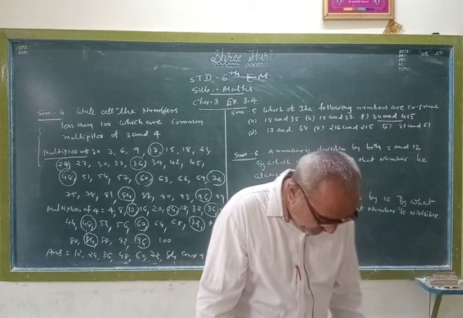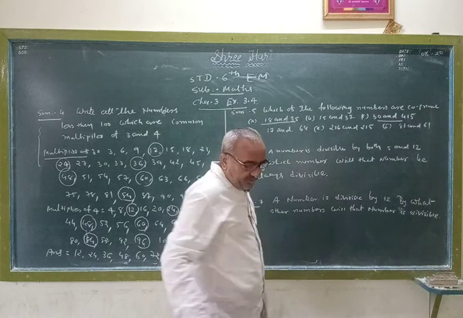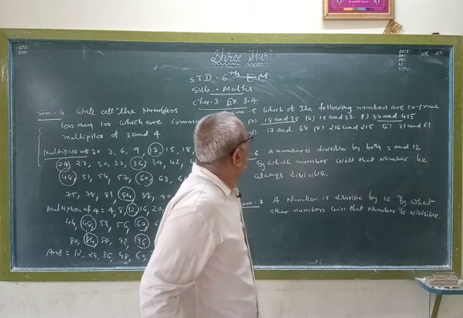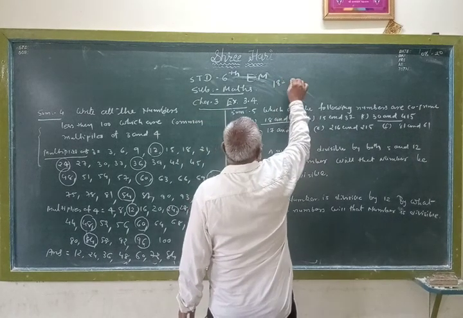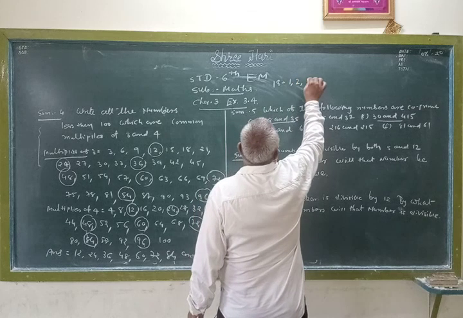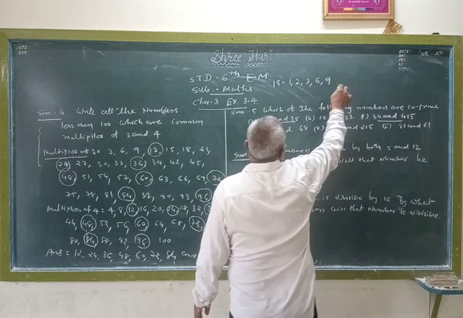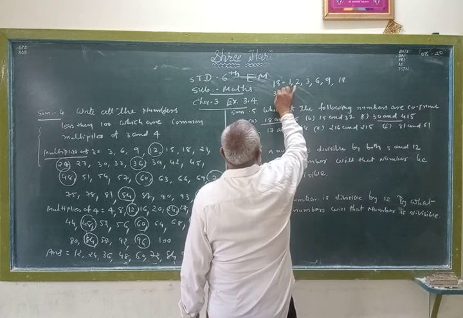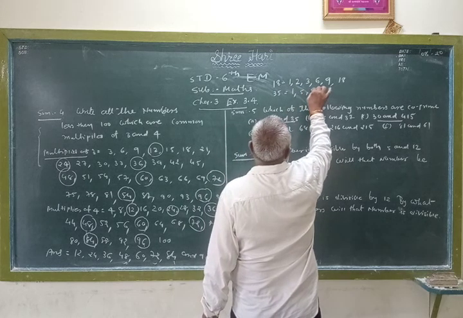First we have been given 18 and 35. So first I write the factors of 18: 1, 2, 3, 6, 9 and 18. I write the factors of 35: 1, 5 and 7.